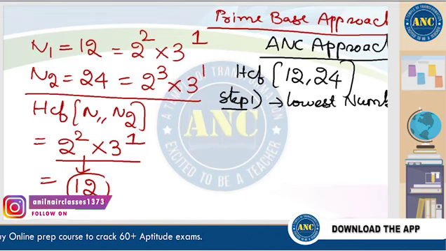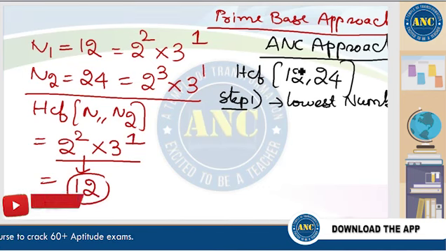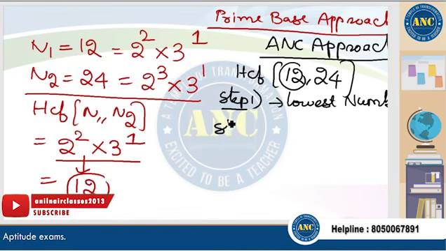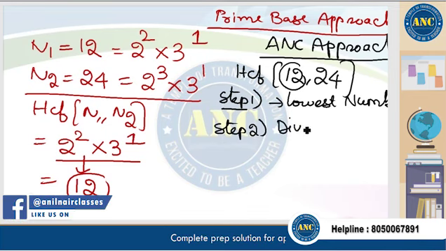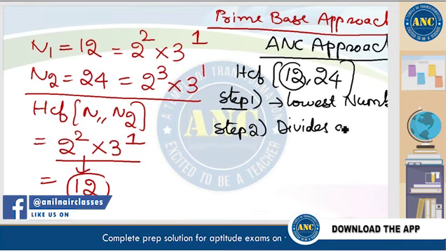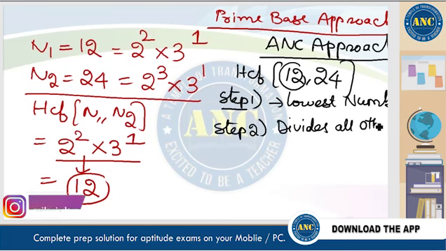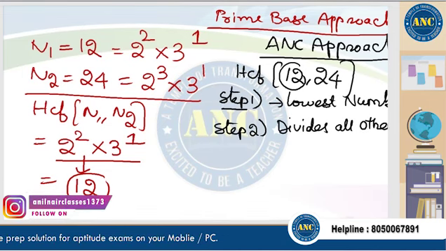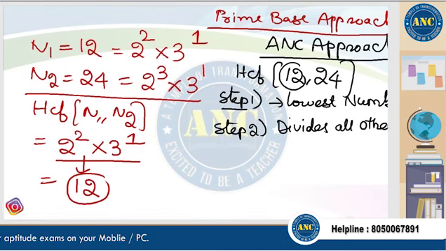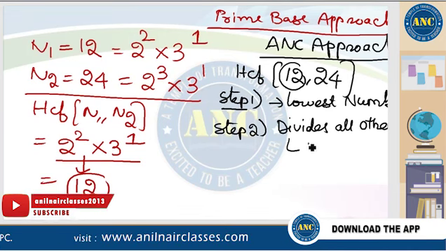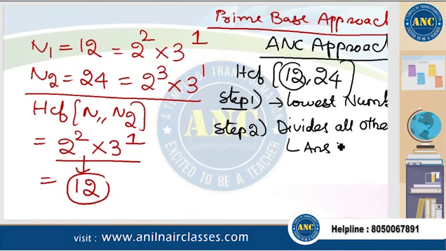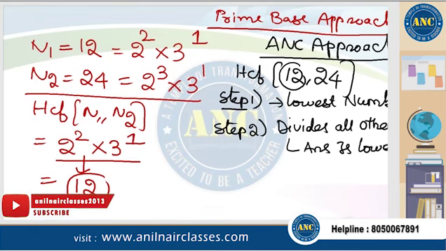What is the lowest number here? 12. Step number 2: check if it divides all the other numbers. The other number is 24. Is 24 divisible by 12? Yes. Then the answer is the lowest number.